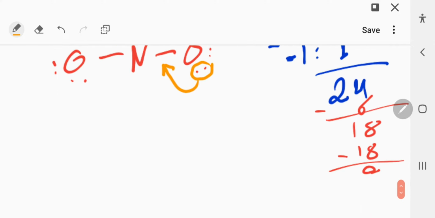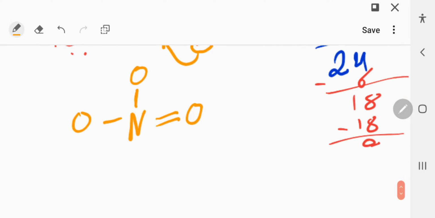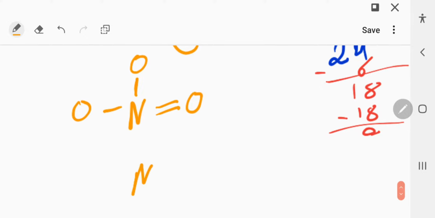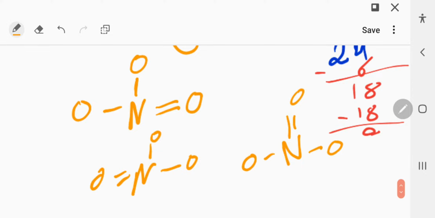So the dot structure will become a double bond with O, and here we have O and O. So this is how we have a stable nitrogen atom. Or as you can guess, N double bond O here and O and O, or N double bond O, O, O. Same.